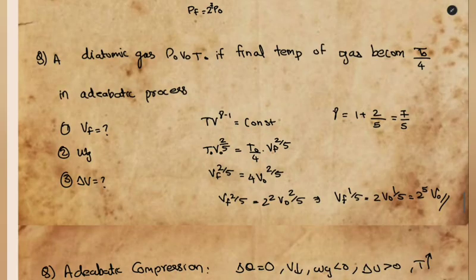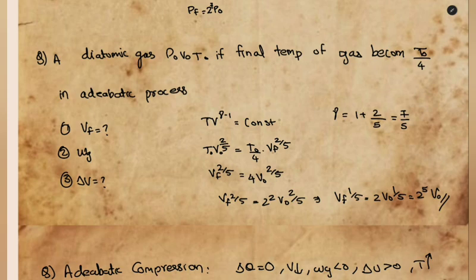A diatomic gas P naught V naught, if the final temperature of the gas becomes T naught by 4 in an adiabatic process, find the final volume, work done by the gas, and change in volume. Okay, so when T naught is given, we can't apply the formula PV to the power gamma is constant. Instead we apply the formula which has T itself.